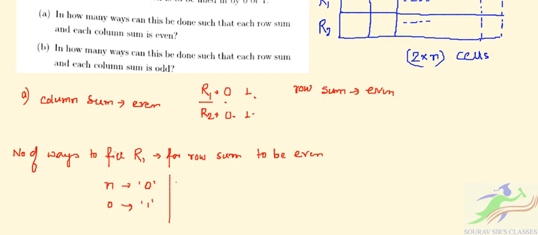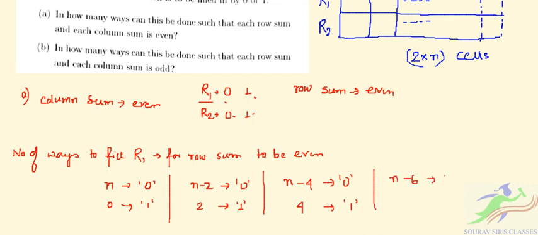This is the first case. Next, when we have n minus 2 zeros, there will be 2 1s. In this way we go to n minus 4 zeros, so we will have 4 1s. Similarly n minus 6 zeros, there will be 6 1s. So it will go like this, right?